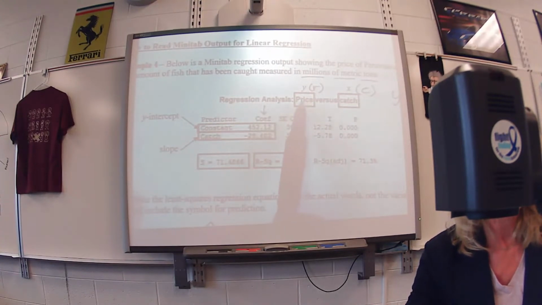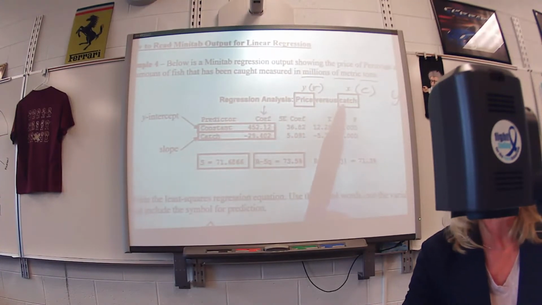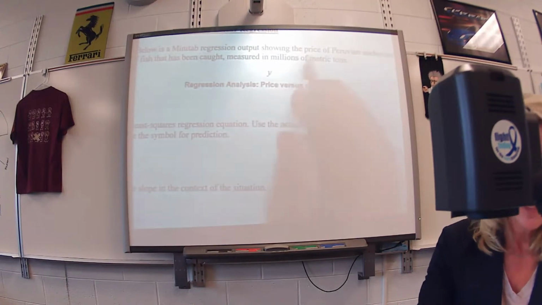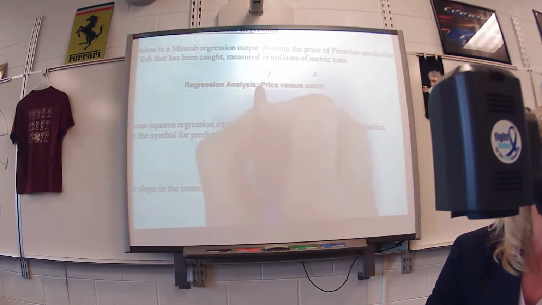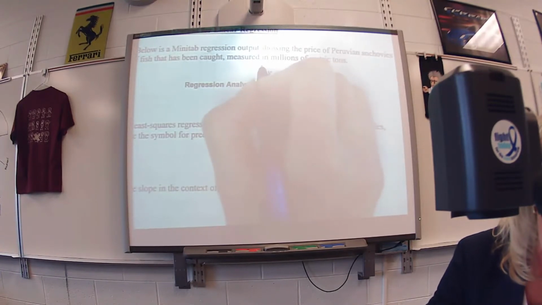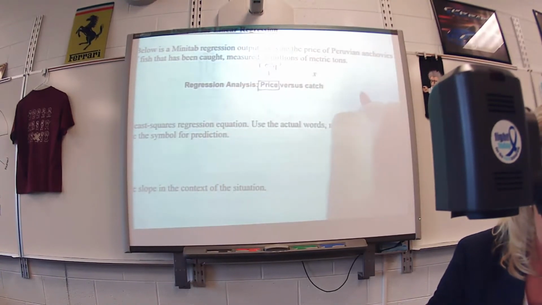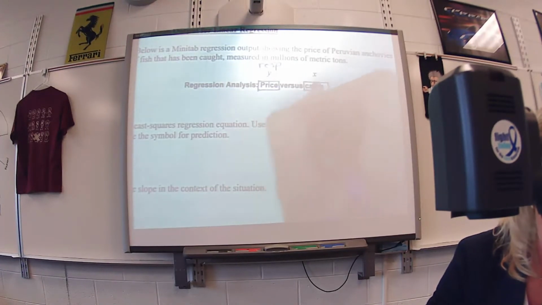Look at how it's named: price versus catch. If it's phrased like this, you should automatically know that the first word is Y, your response variable, and after versus, the second word is X, your explanatory variable.